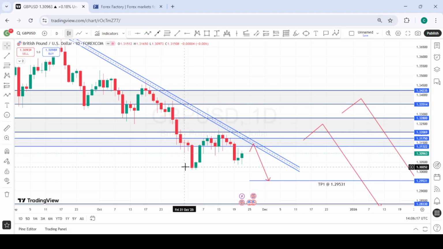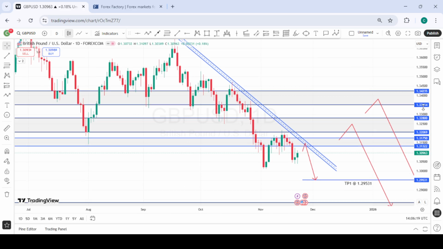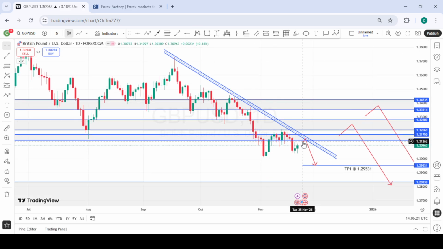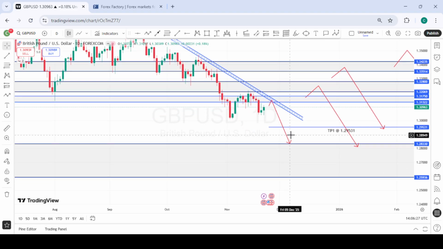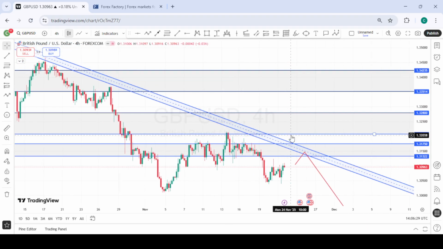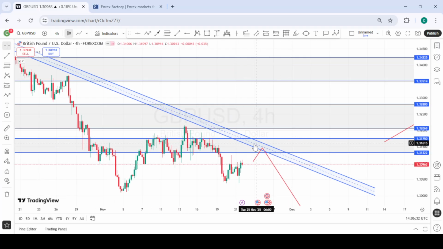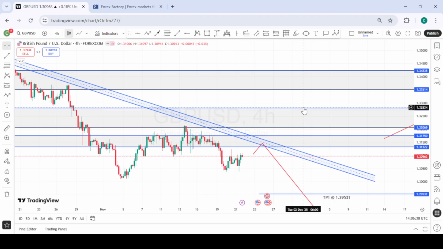So this is the trend line that we are looking forward to price possibly retesting and giving us the selling confirmation to the downside. So these will be our various targets for GBPUSD. We are looking forward to a pullback into this very zone, get selling confirmations around this zone, and take ourselves to the downside. So we are very bearish on GBPUSD.